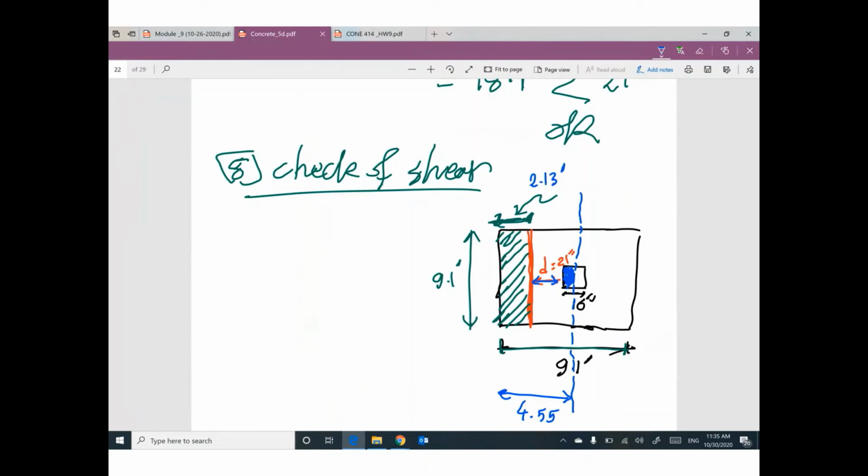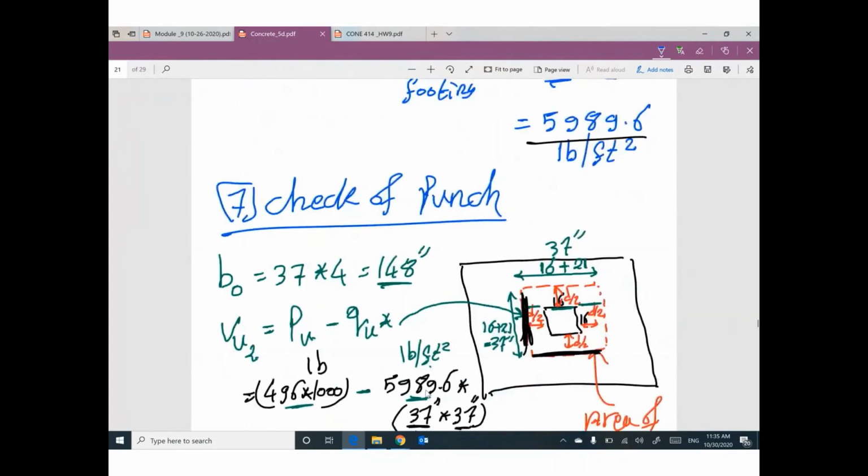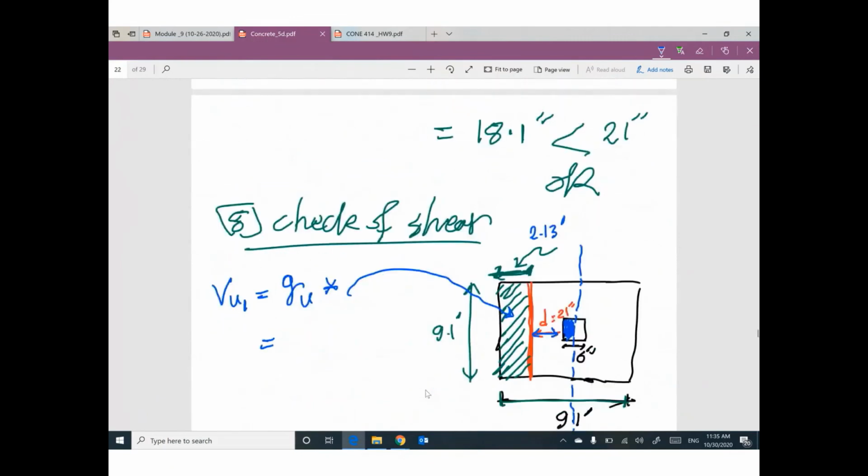If you would like to get V ultimate 1, it will be Q ultimate times this area. The value of Q ultimate is 5,989 times this area, 2.13 times 9.1.